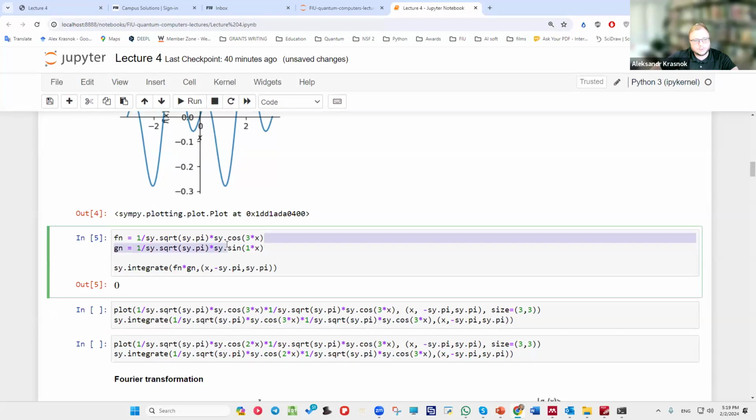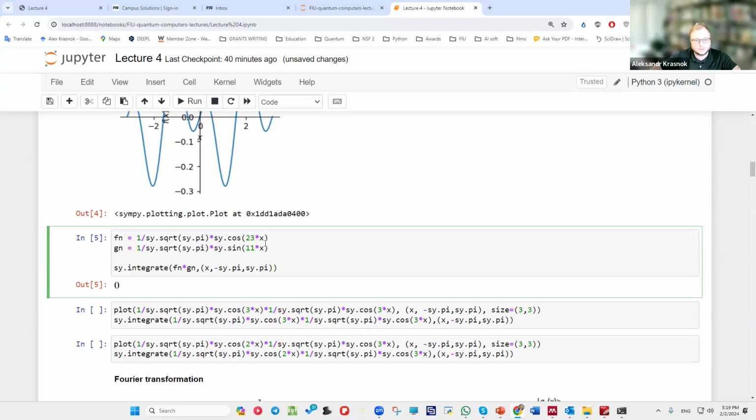So again, the scalar product, the inner product of cosine 3x and sine 1x is equal to 0. So these two functions are orthogonal. The same way I can change this parameter here, for example, put 11 and here maybe 23.